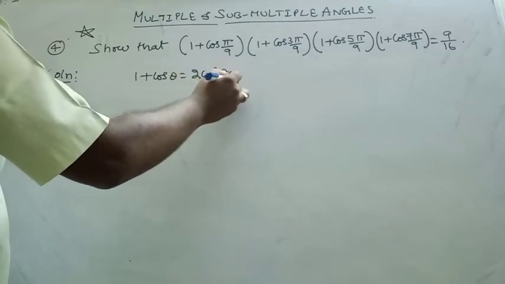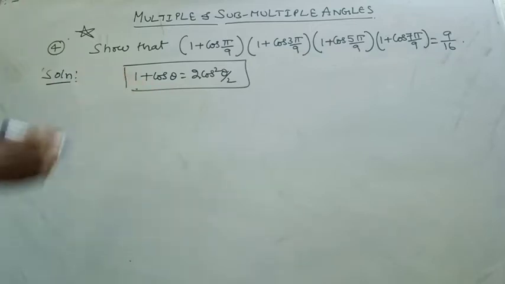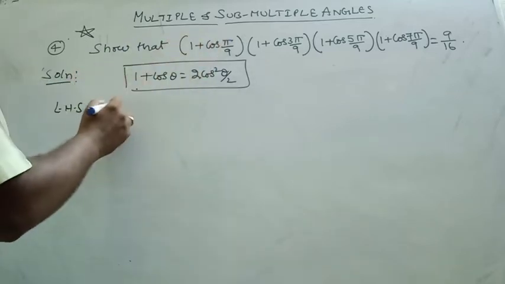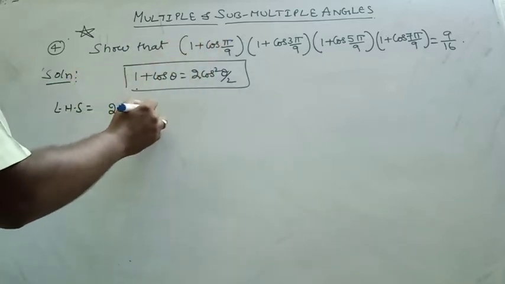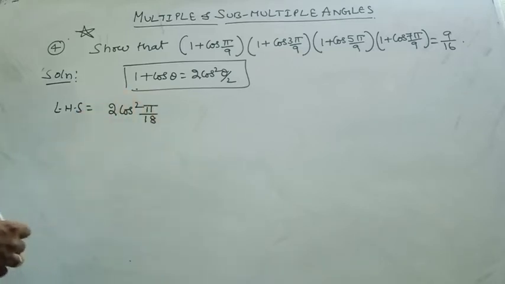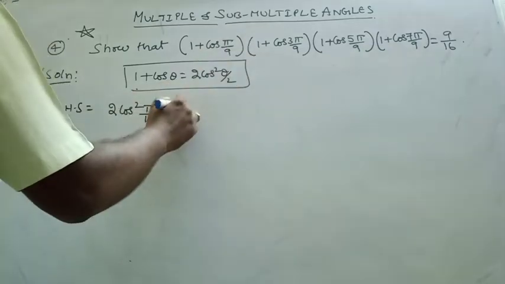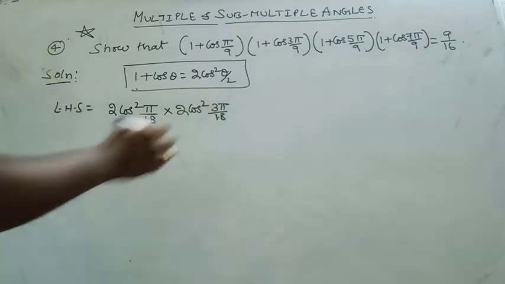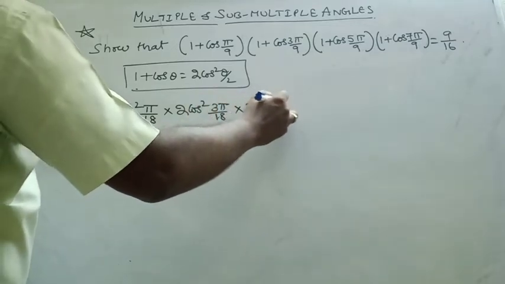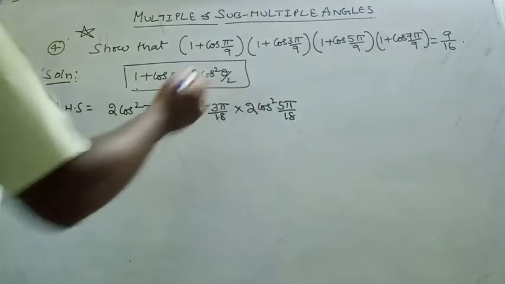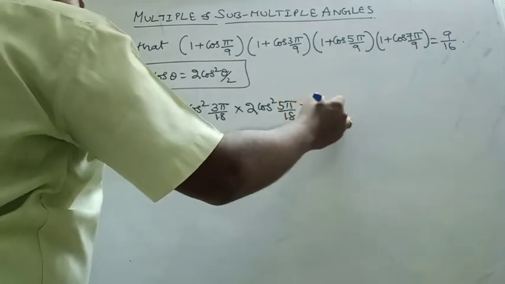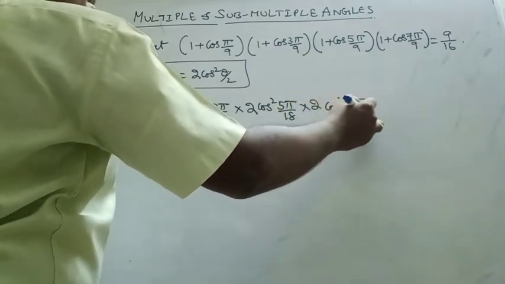Let us use this here. In the left hand side part, 1 plus cos pi by 9 is nothing but 2 cos square pi by 18, into 2 cos square 3 pi by 18, into 2 cos square 5 pi by 18, because by using this formula pi by 9 will become pi by 18, because we have the division by 2. Now into 2 cos square 7 pi by 18.